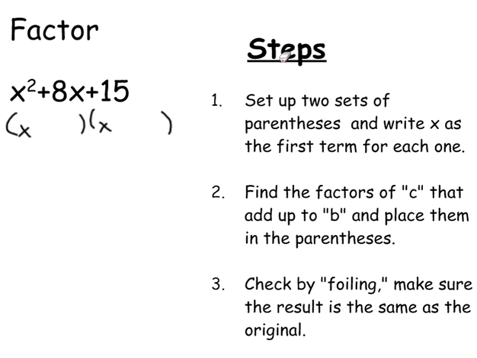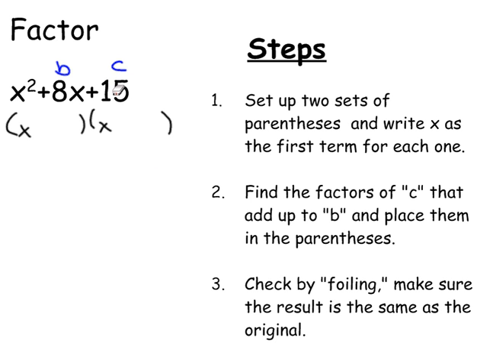Step 2, find the factors of C that add up to B and place them in the parentheses. And here's what I mean, right? You remember, C is this 15, and B is the 8. You need to find the factors of C that add up to B.